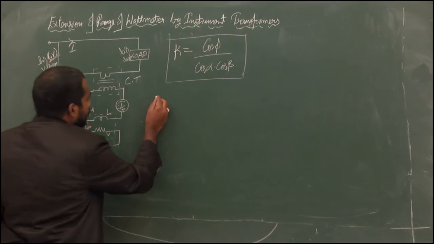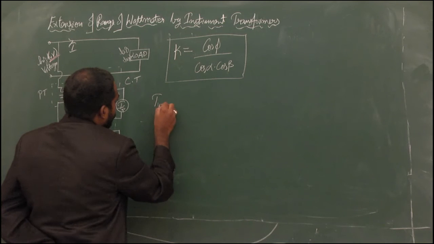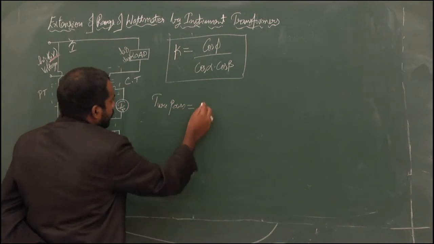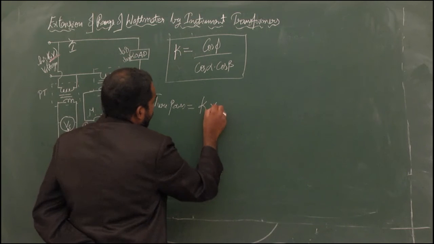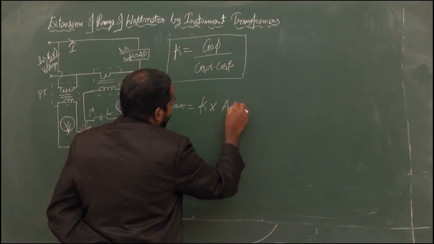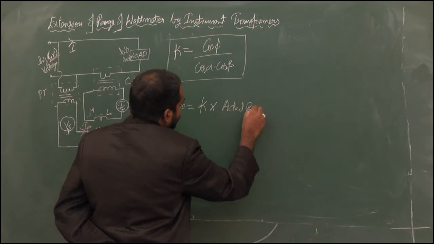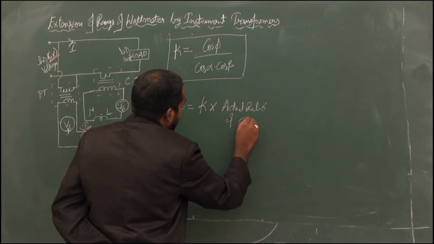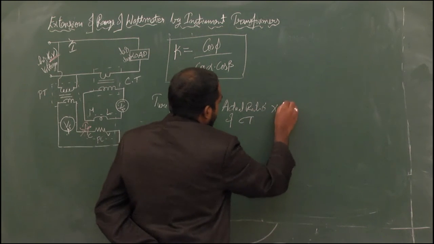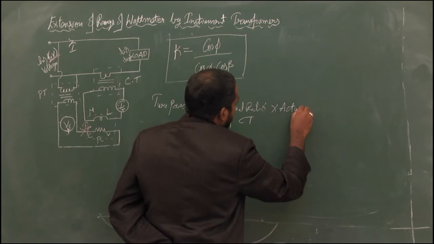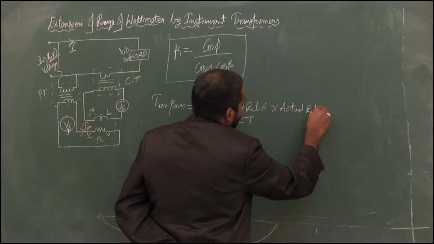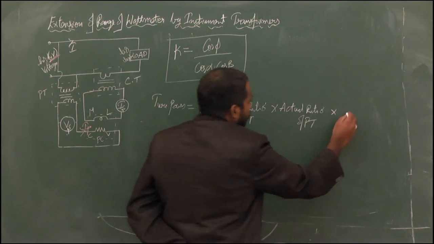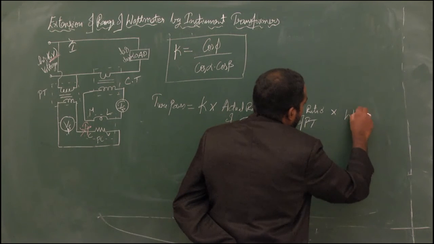Now in order to measure the true power, the formula is: true power is equal to correction factor K into actual ratio of CT into actual ratio of PT into wattmeter reading.